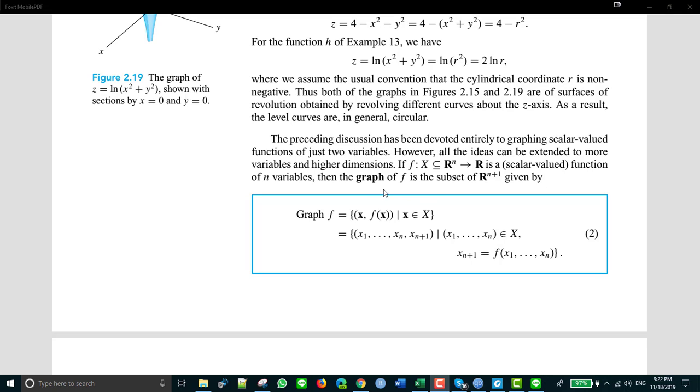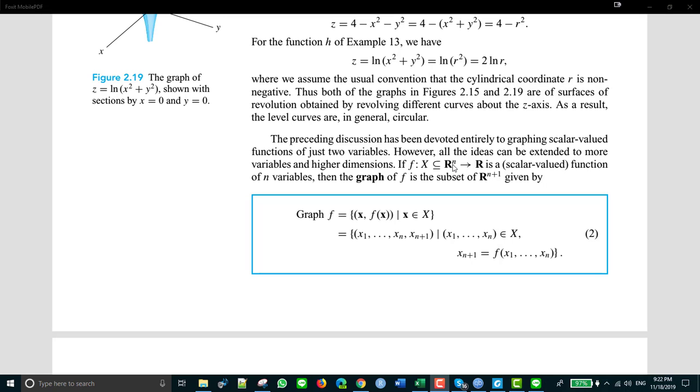So we say that the graph of such a function f from Rn to R is a subset of Rn plus 1. Remember that R2 to R was a subset of R3.